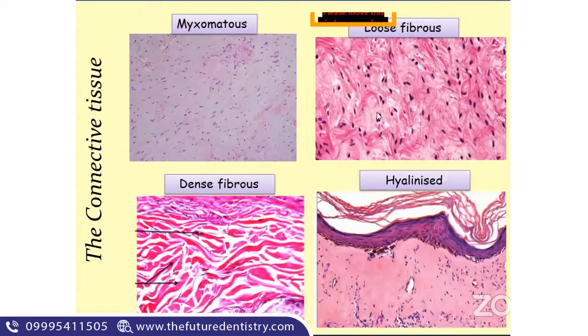You're not able to delineate a fibrous pattern here. See this? It's extremely pale. This suggests that the connective tissue is extremely mature and extremely dense. The best example of hyalinized connective tissue is advanced oral submucous fibrosis. If you have observed a patient with advanced oral submucous fibrosis, the mobility of the mucosa is extremely compromised. The patient can hardly open his mouth to one finger thickness, isn't it?